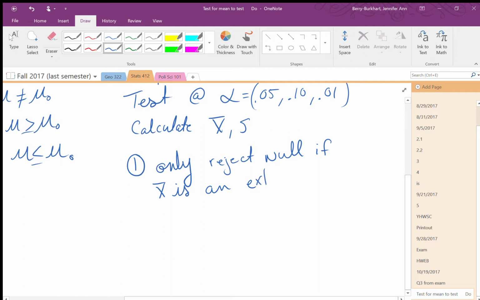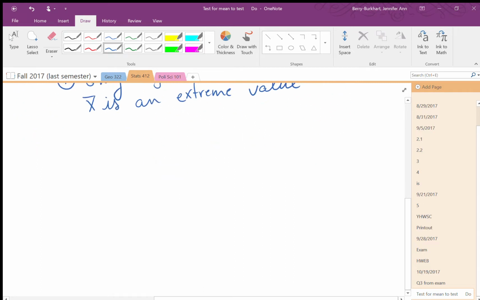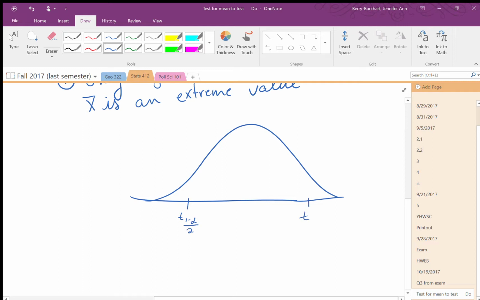Then I'm only going to reject this hypothesis if I get some extreme value, and that extreme value is based on the t-distribution where nu is equal to n minus 1, right?